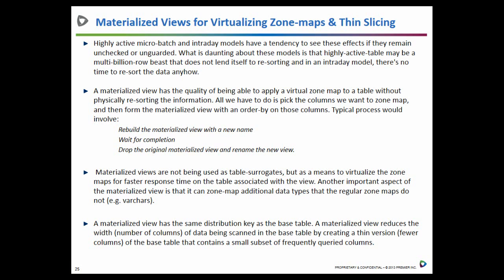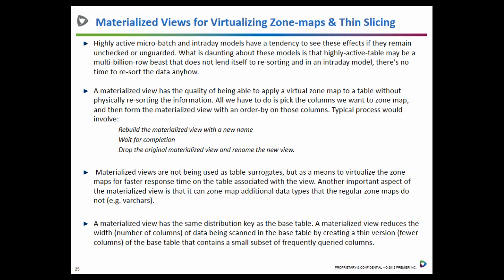You don't want to organize your columns in nearby extents physically. You can also do it virtually. You can also virtually tell Netezza that this is how the data should be located, and Netezza will behave as if it knows this virtual zone map and query it.